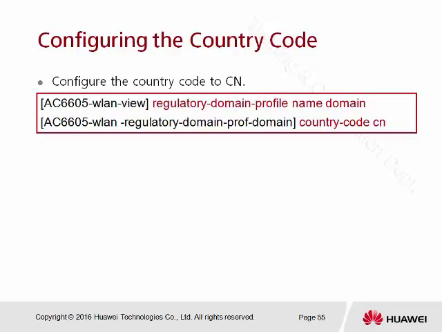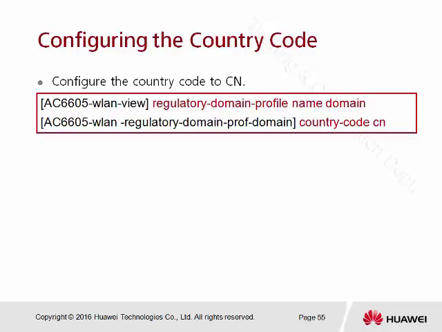It doesn't matter what kind of vendor or AC that you're using, the country code, you cannot miss it. Okay, so from here, they're showing you the way to configure the country code. Inside the WLAN view, using the command regulatory-domain-profile. Because right now it's the first time they create this profile.